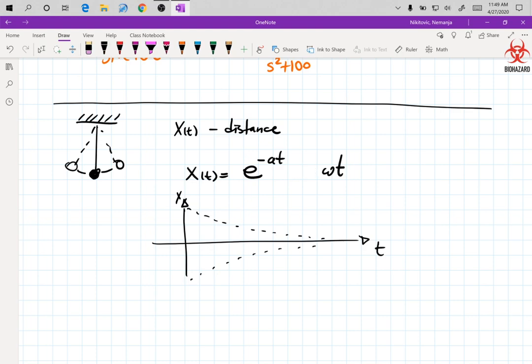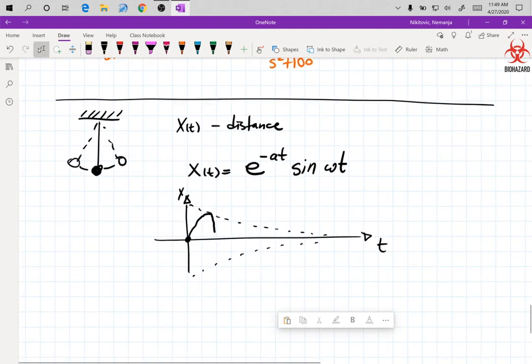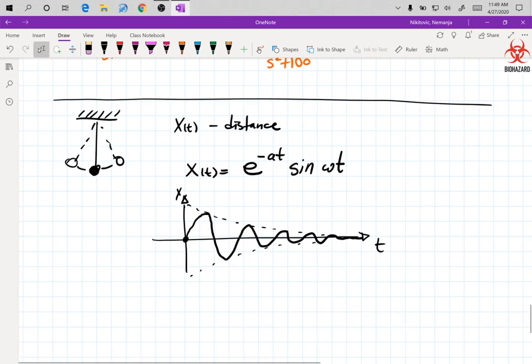And now I think I'm going to change this to sine so it's better on the picture. So if I start with my sine, it goes up, down, up, down, up and down. And then eventually, as enough time passes, you see that the displacement between the equilibrium and where the point is is zero, because it stopped. And it's this term e to the negative at that makes it stop.